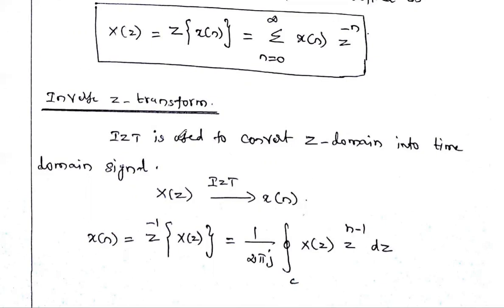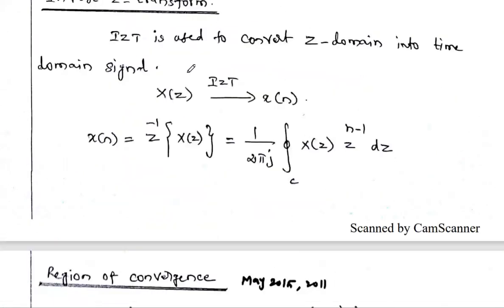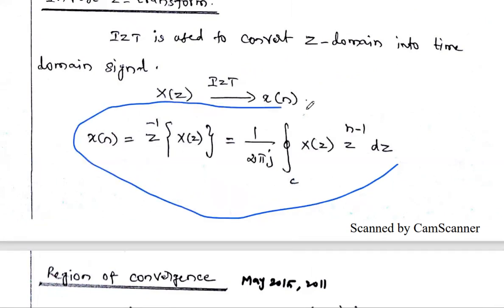So what is the formula to convert X of Z into x of n? x of n equals the inverse Z transform of capital X of Z, which is 1 divided by 2 pi j times the integration over a closed contour of capital X of Z to the power n minus 1 dz. Using this formula we may calculate the inverse Z transform.